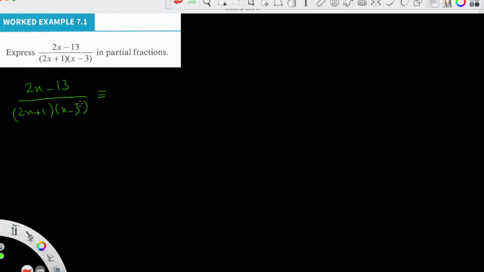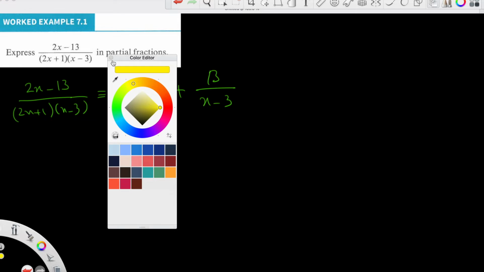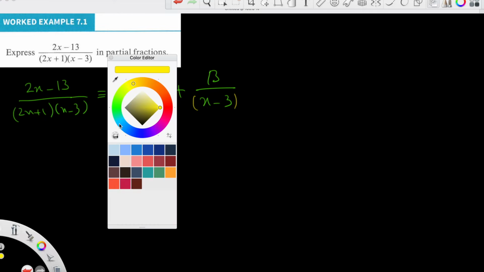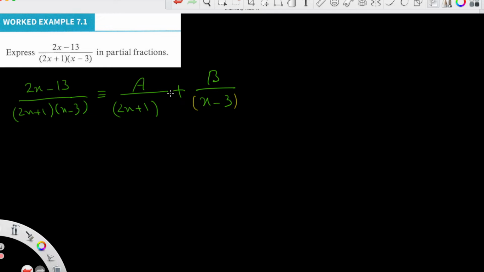Now you see that here you have first a proper fraction, because the denominator is quadratic and the numerator is linear, and you have two distinct linear factors here, so it can be written as A over (2x + 1) plus B over (x - 3). Now there are two actually different methods to find A and B. I will solve this question using both methods.